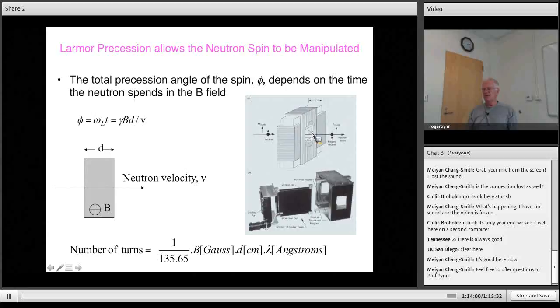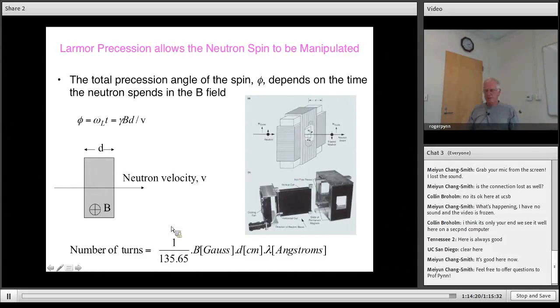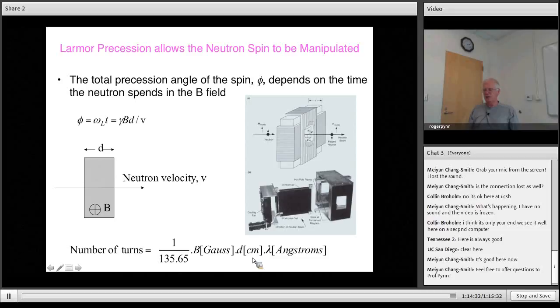And if I make sure that the current is correct, what's going to happen is that the neutrons are going to come in, polarized vertically in this guide field, and they're suddenly going to see a horizontal field. They're going to precess around that field, and if I organize the current correctly, they will be flipped. And here's the number of turns that I will get of the polarization as a function of the field inside this coil, its thickness, and the wavelength of the neutron beam.